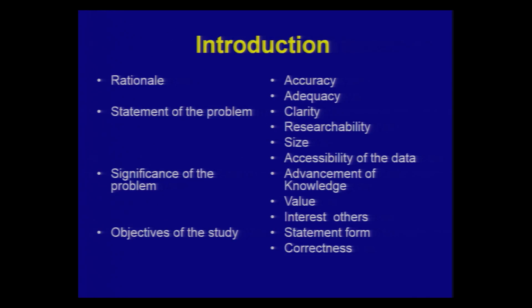Then comes the chapter on introduction. Once we talk about the introduction, normally the headings which are included and are important include rationale, statement of the problem, significance of the problem, and objectives of the study. Now when it comes to rationale, one needs to go into the accuracy with which the rationale has been put forth.